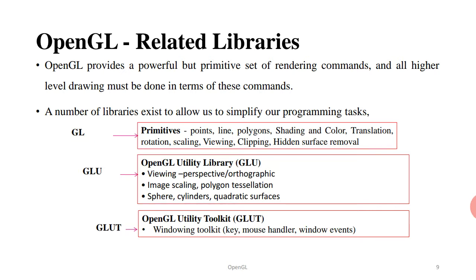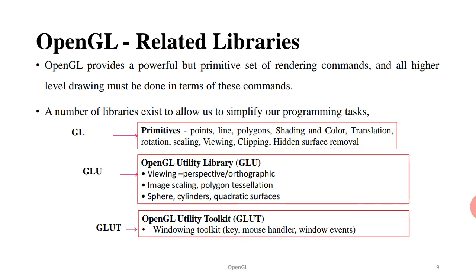GL provides you primitives like points, lines, polygons, shading and color, translation, rotation, scaling, viewing, clipping, hidden surface removal. GLU, which is the OpenGL utility library, provides you viewing, that is perspective and orthographic, then image scaling, polygon tessellation and spheres, cylinders, quadratic surfaces.